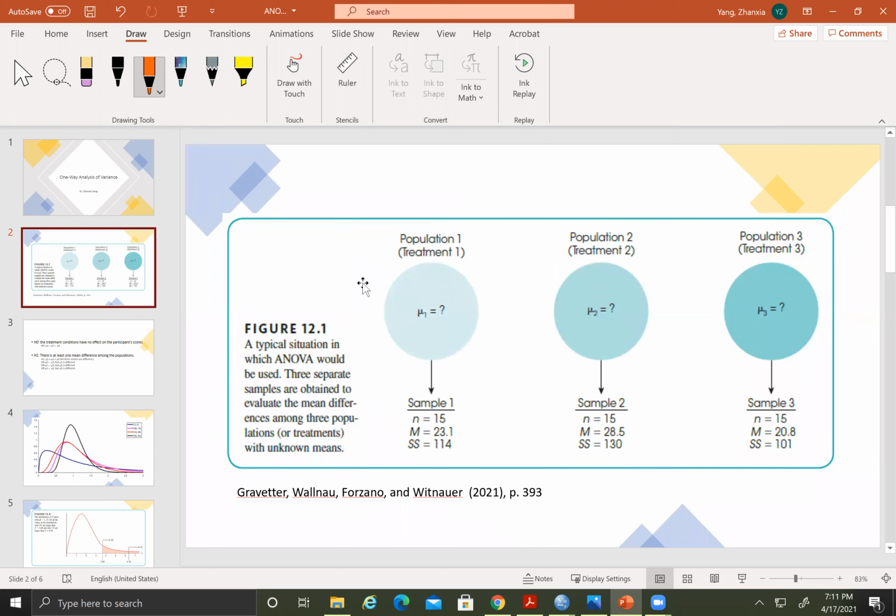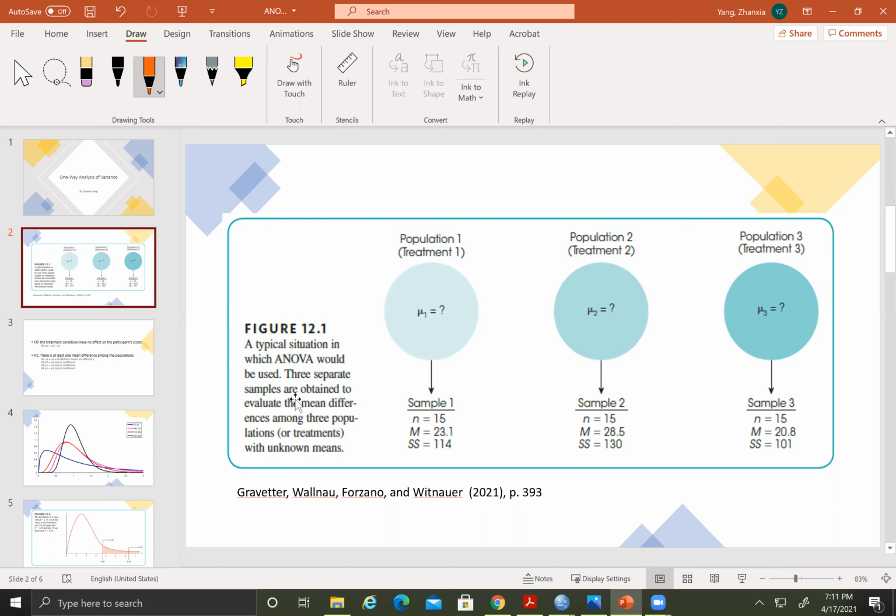Let's take a look at what the test, analysis of variance, ANOVA, does. Here is a good figure that helps us understand what it does. Usually for ANOVA we have more than two groups, or in this example, 3 treatments.